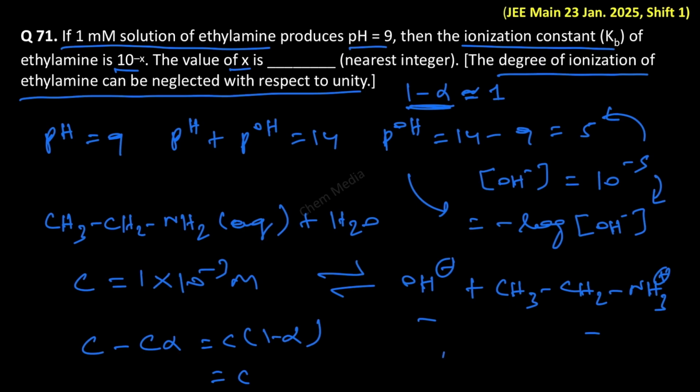On the product side, it would be C alpha, and we know that concentration of OH minus is 10 to the power minus 5. So, therefore, the concentration of ethyl ammonium ion should also be taken as 10 to the power minus 5.